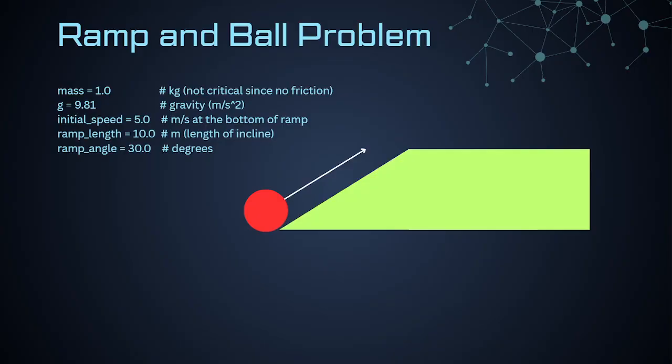But we have to keep in mind there's no friction in this case, because friction could complicate things. So there's no friction, and there is a ramp length, maybe a ramp angle is given in some cases, but really they could just say constant acceleration or something like that.